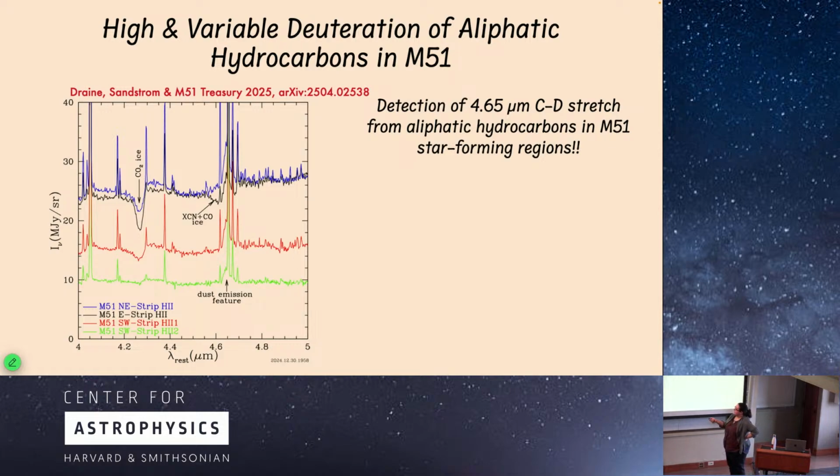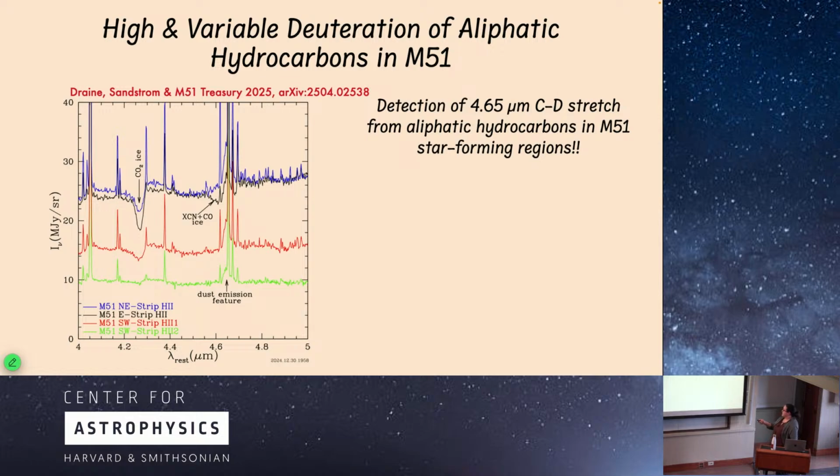But then here you can see underlying some of these bright emission lines this little hump. This turns out to be the vibrational mode of when you replace a hydrogen with a deuterium atom, which shifts that 3.3 and 3.4 feature slightly to longer wavelengths.